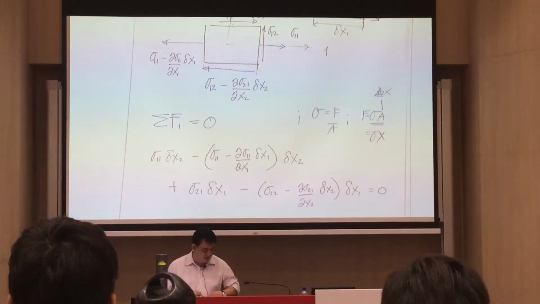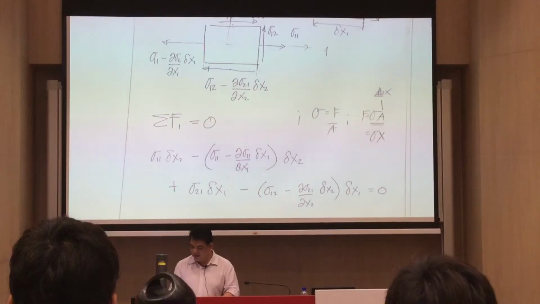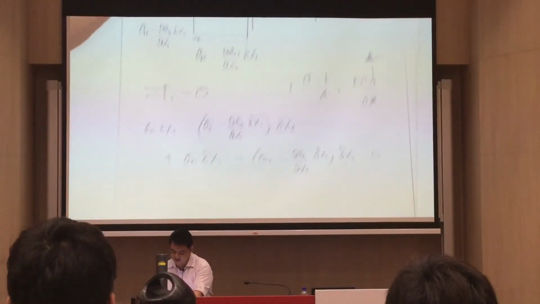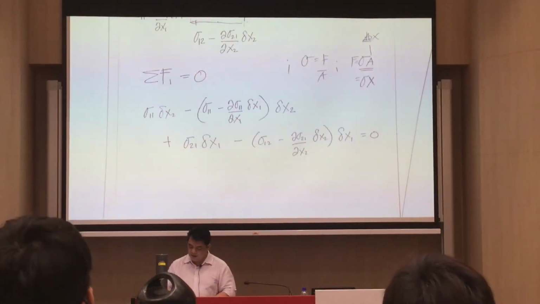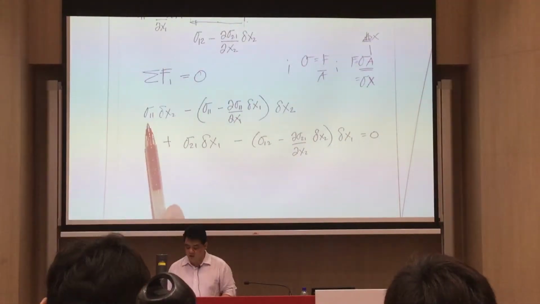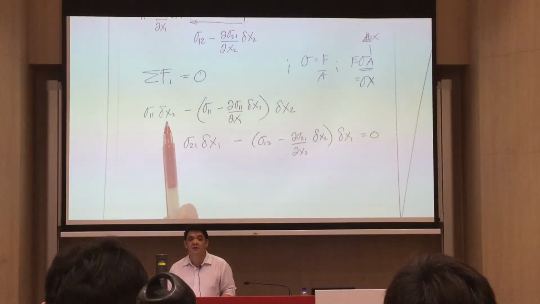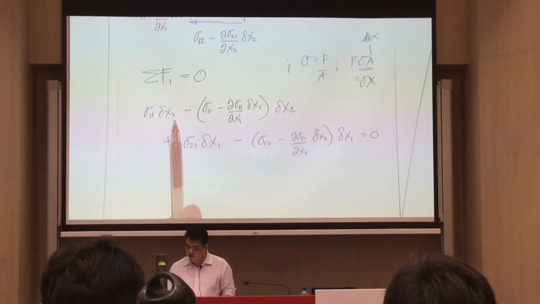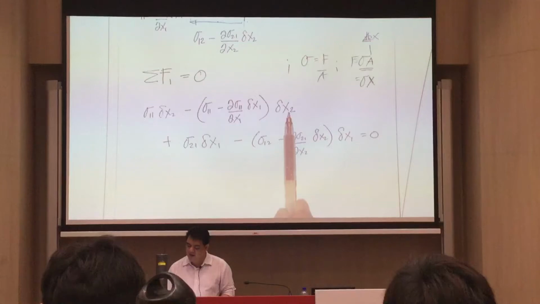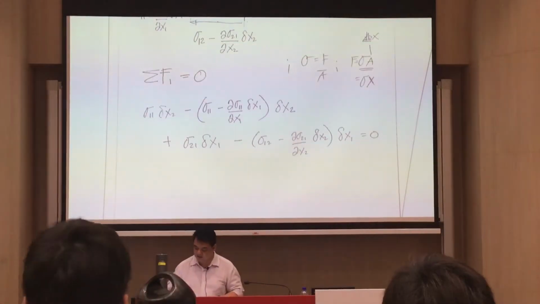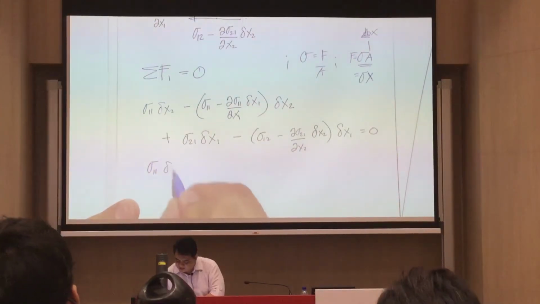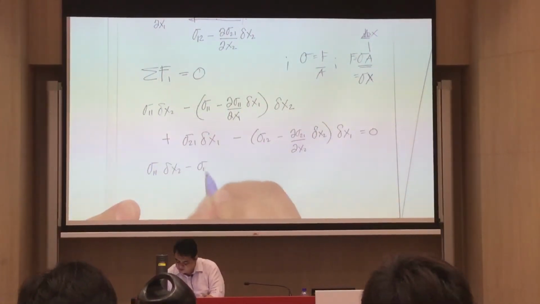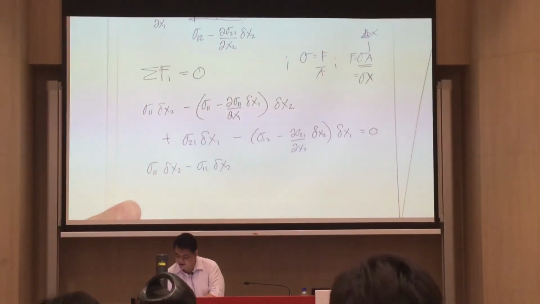So what do we have here? We can cancel a few things here, yes? Now, sigma 1,1 multiplied by delta x2 minus sigma 1,1 delta x2, you can cancel that.